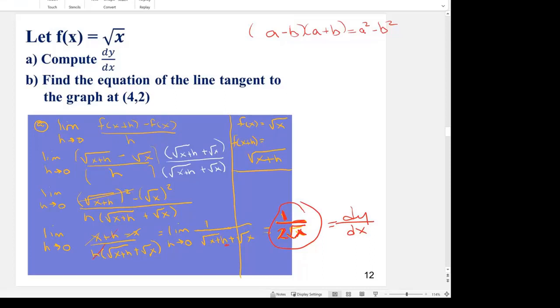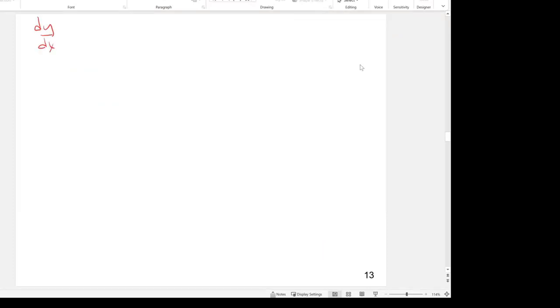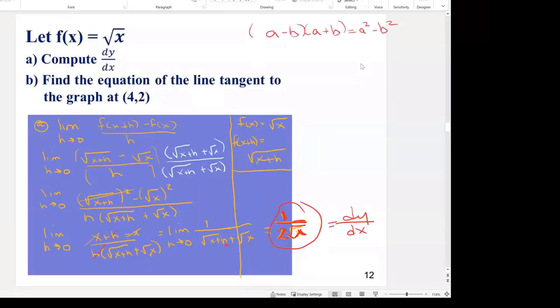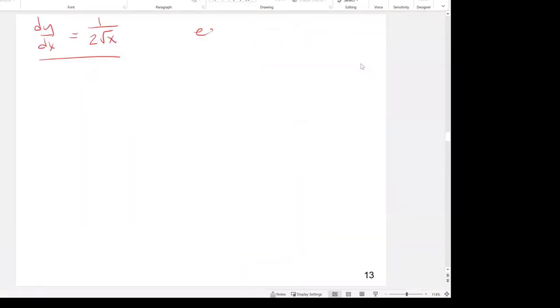Okay? Now for b, it says find the equation of the line tangent to the graph at (4, 2). We know that dy dx is equal to 1 over 2 times the square root of x. So I want to find the equation of the tangent line, basically, at (4, 2).